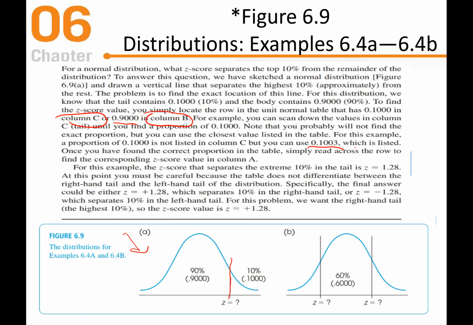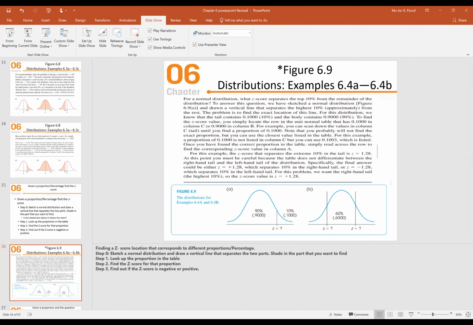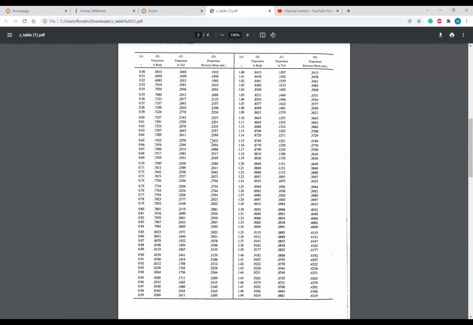So let's do this. The question asks, so we're going to look in column C, the proportion of the tail, for a proportion that's closest to 0.100, or the equivalent of 10%.